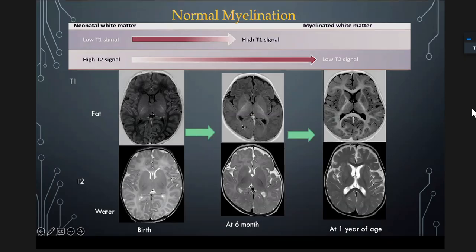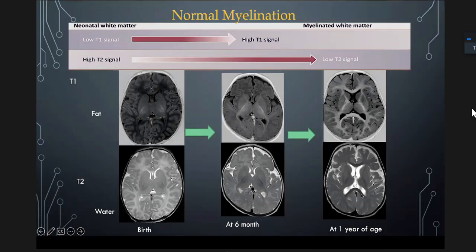The splenium of the corpus callosum appears myelinated, and some of the occipital white matter is also myelinated. What appears hyperintense on T1 weighted images will appear hypointense on T2 weighted images. However, the T2 signal lags behind T1 by at least 2 to 3 months. Hence, in the first 6 months, you have to look at your T1 weighted images when you want to categorize myelination, when you want to know the age of the child.